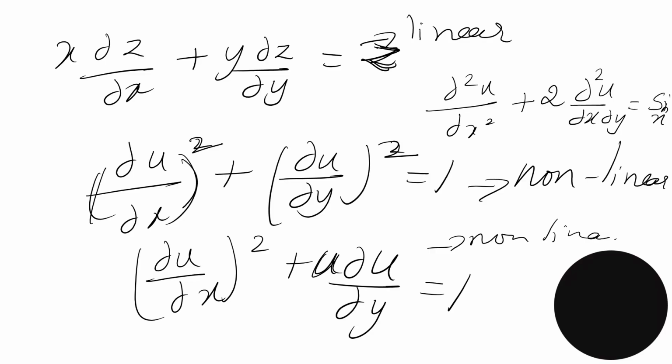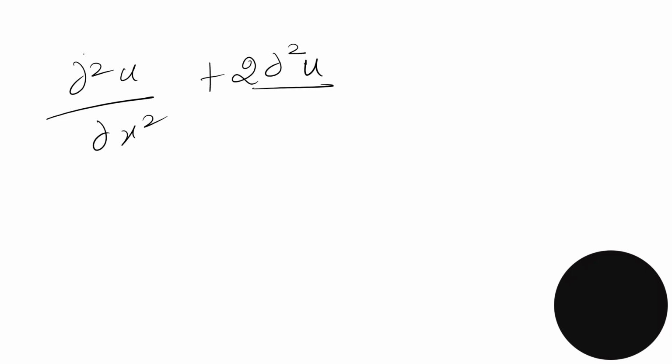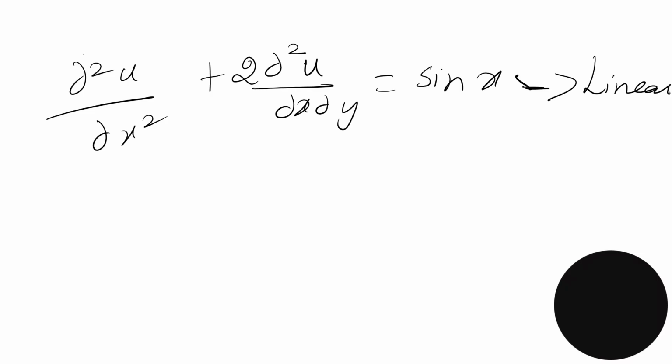This equation is a linear example. See, what is the equation? Dou square u by dou x square plus 2 into dou square u by dou x dou y equal to sin x. This is a linear equation.